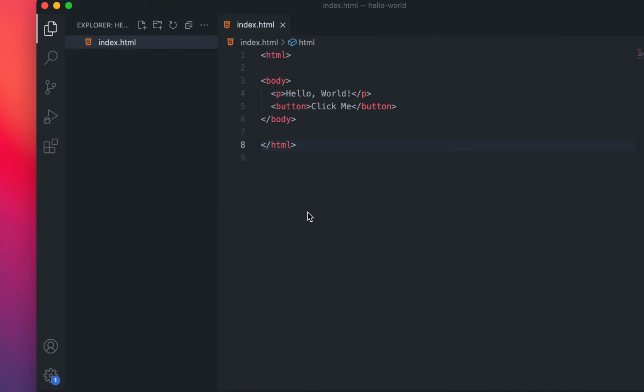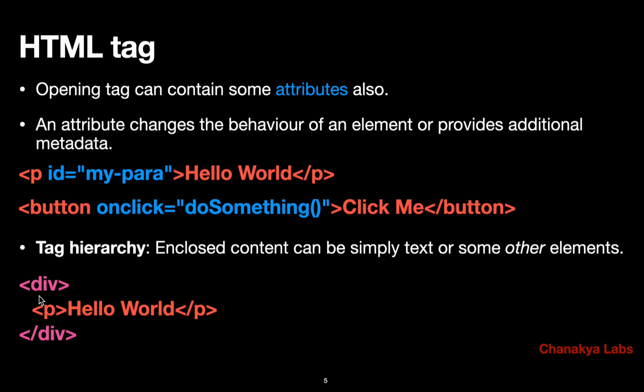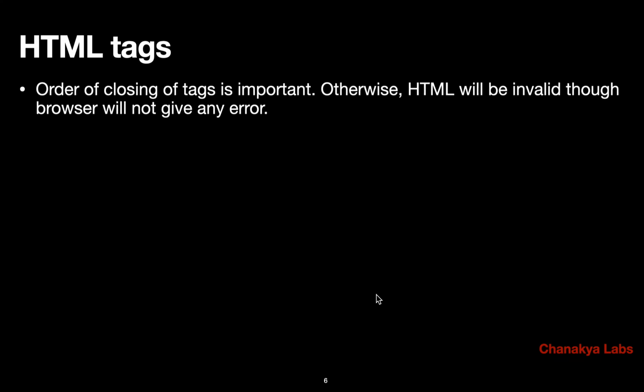But the point to understand is that this sort of thing is not only possible, in fact it is the fundamental way in which we will create various types of structures inside an HTML document. Now I highlighted this earlier also, but let me highlight it again.